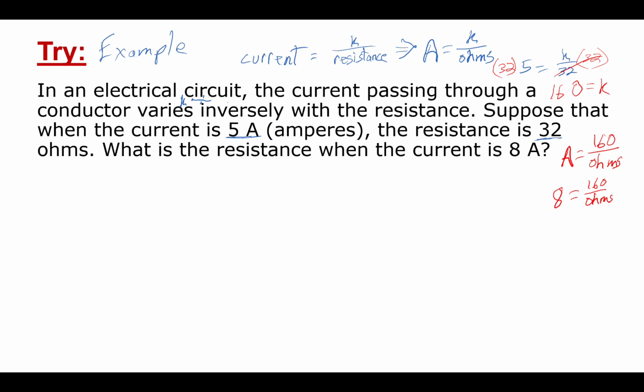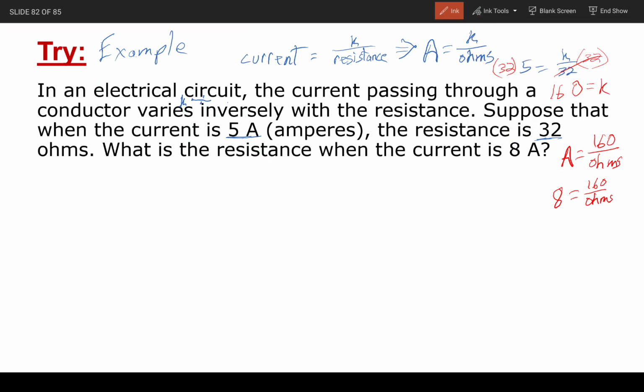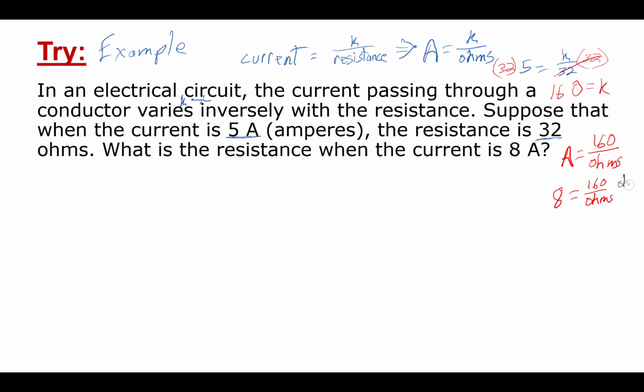So I would multiply both sides by ohms. Remember, that's just a variable at this point. That filters away. So I have 8 ohms.